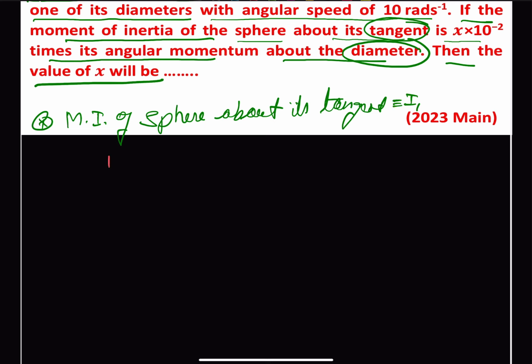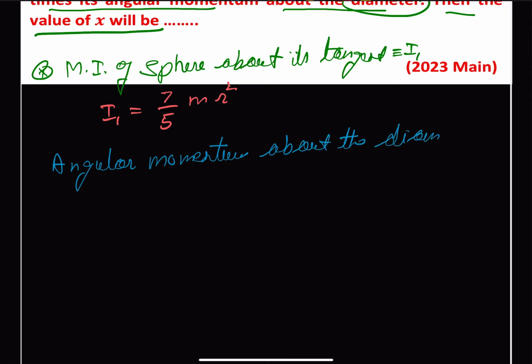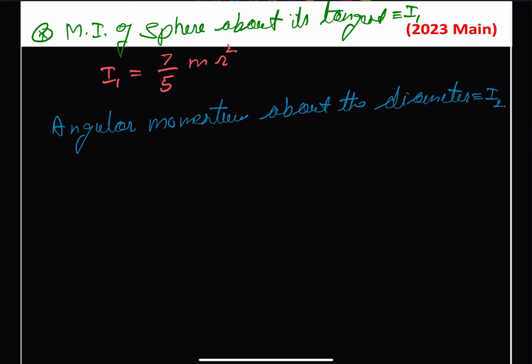Then we have I1 is equal to 7 upon 5 m r square, and the angular momentum is with respect to its diameter. So we can say the angular momentum about the diameter, let us suppose that is our L.